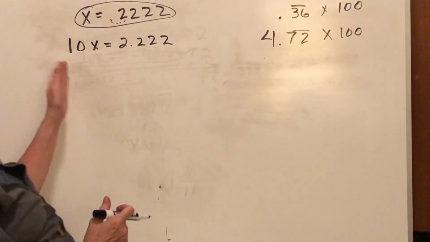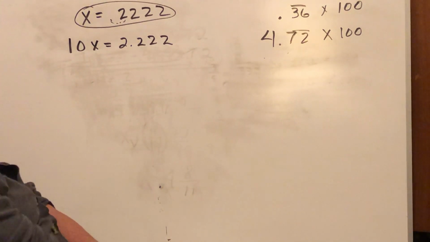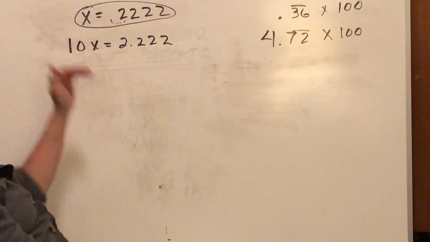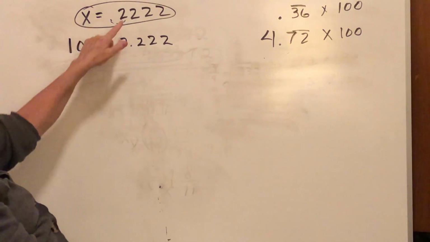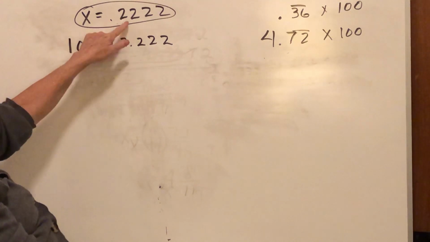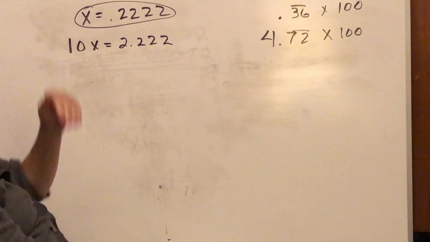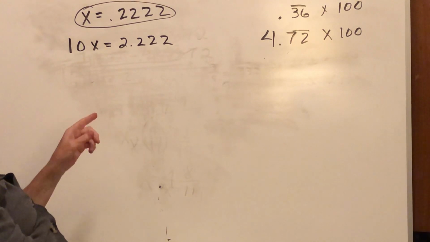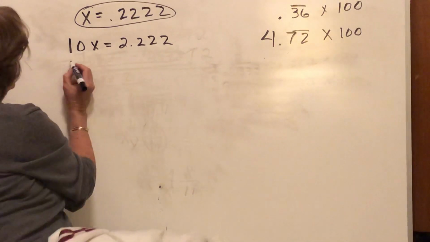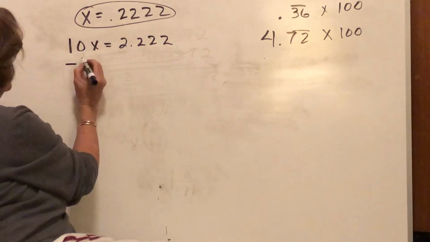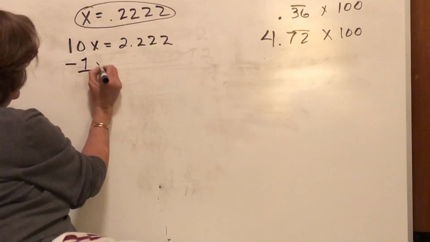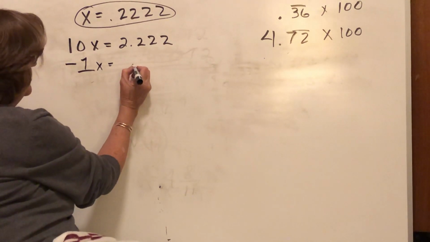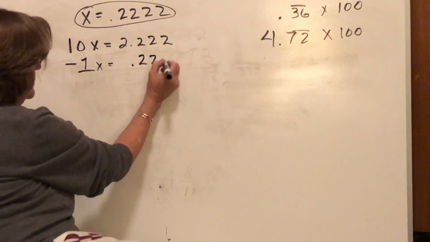All right, so I have now 10x equals 2.222. Okay, so that's where we're at right now. But because I've been given this original statement where I have x equals 0.222 repeating, I can now combine these 2 statements into one statement. I can do that by simply subtracting, and of course this is that magical 1, my coefficient of 1 right in front of my x, and this is minus 0.222.